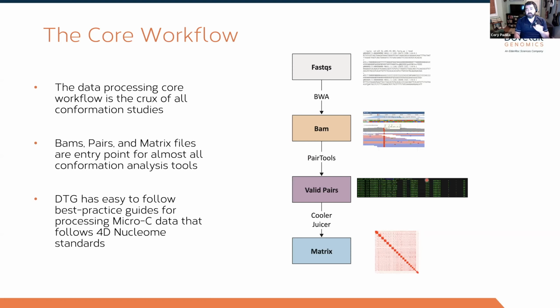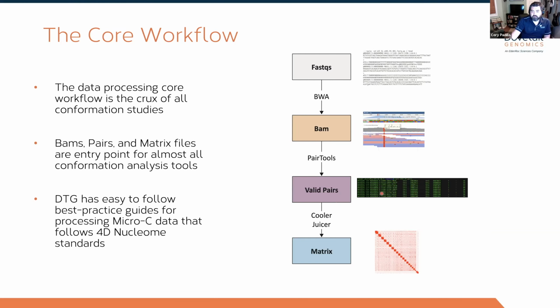It doesn't take into account the length of the molecule. It just looks for the midpoint of that alignment. So it takes your big BAM file and just really condenses it down into an easy to use text file. That's all a pairs file really is.